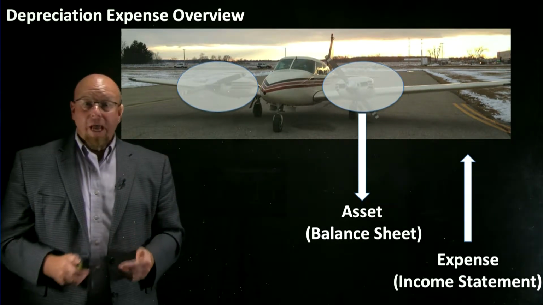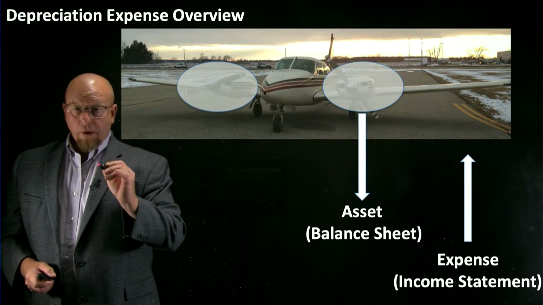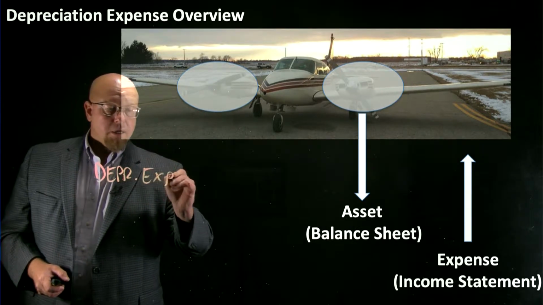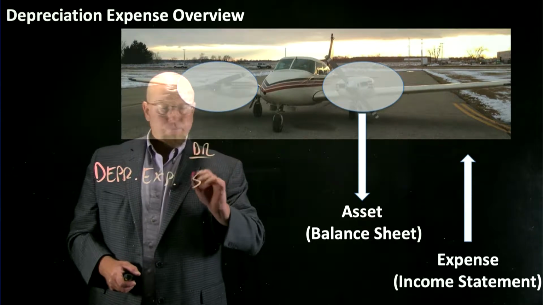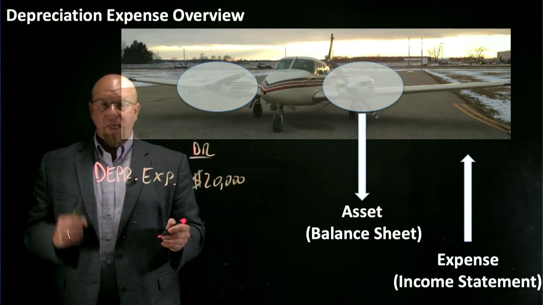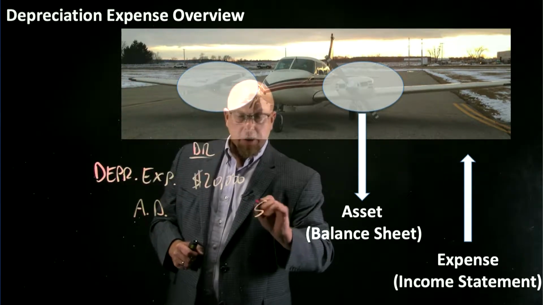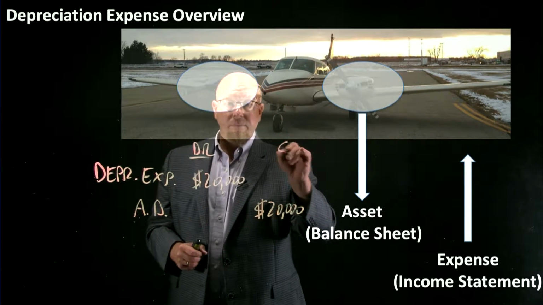So again, what's going to happen is we're going to record a journal entry, and I'll put the journal entry here now. Okay, depreciation expense, that's going to be recorded on the current year's income statement, $20,000. Expenses increase with a debit, and just like we did the previous year, accumulated depreciation is going to have a credit entry.